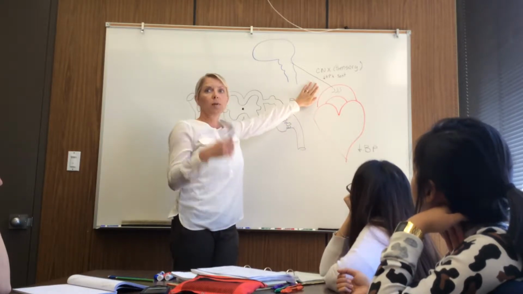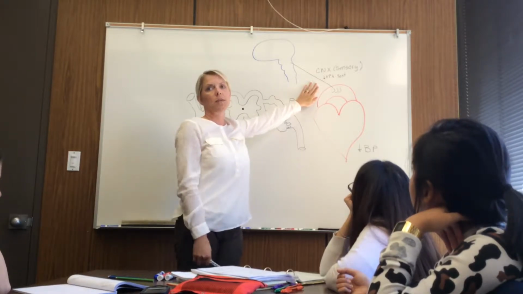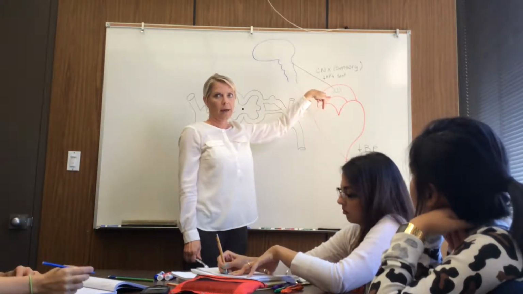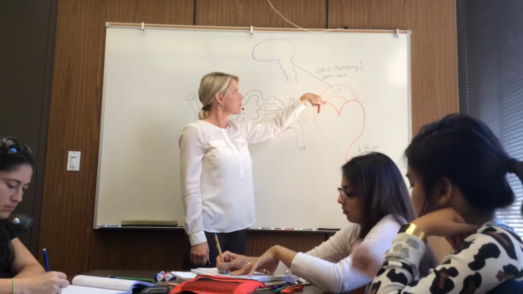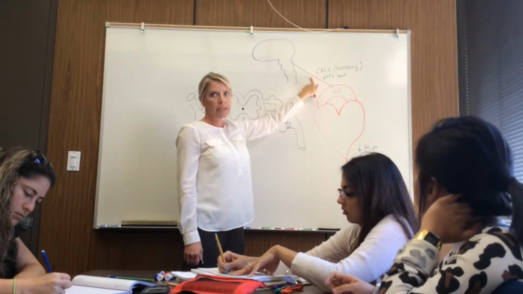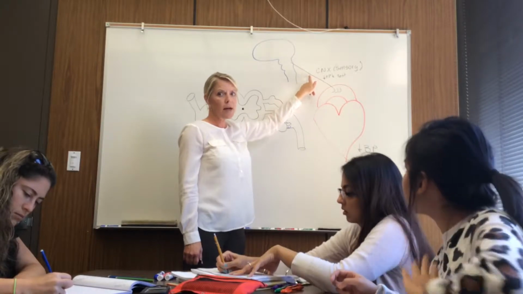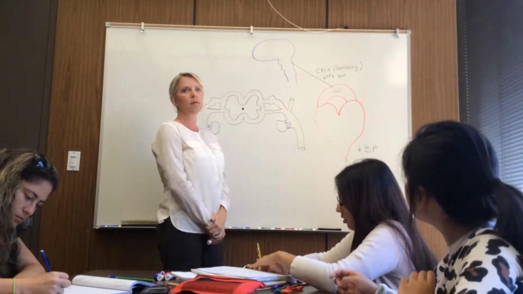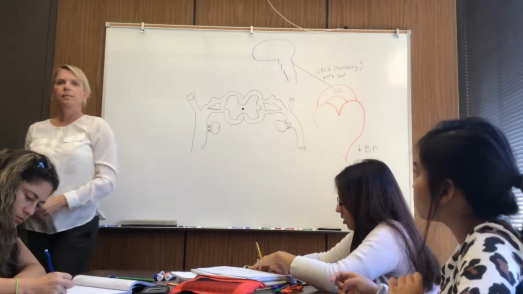The higher the blood pressure, the more action potentials. The lower the blood pressure, the fewer. Either way, it's still cranial nerve 10 relaying this information. That does not change. And it's just a straight shot up cranial nerve 10 to the medulla.